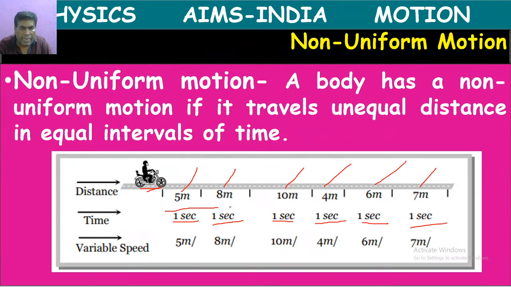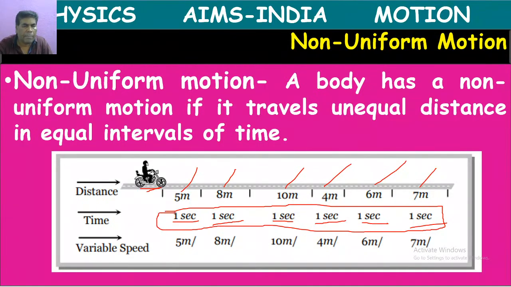So here the time intervals are the same, but the distances covered by the body are different. Means unequal distance. The body is covering unequal distances in equal intervals of time. So this is an example of non-uniform motion.